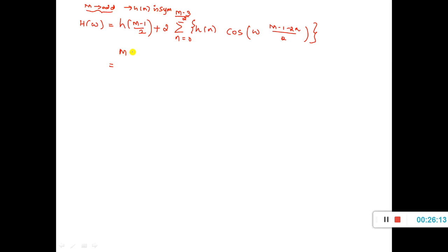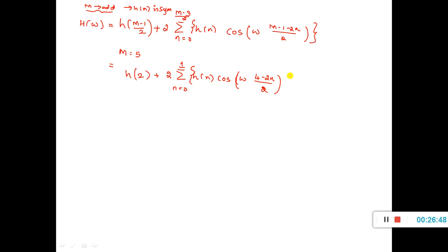So now m is equal to 5, right? Let me put this. So this becomes (5 minus 1) is 4, divided by 2, is h of 2, plus 2 times summation n equal to 0 to, so 5 minus 3 is 2, 2 divided by 2 is 1, of h of n cos of omega into (m minus 1, that is 4, minus 2n) divided by 2.